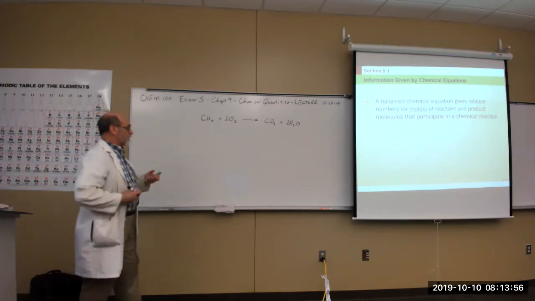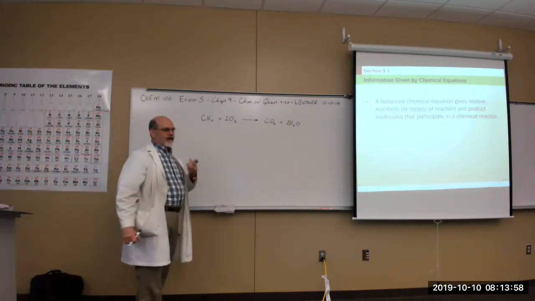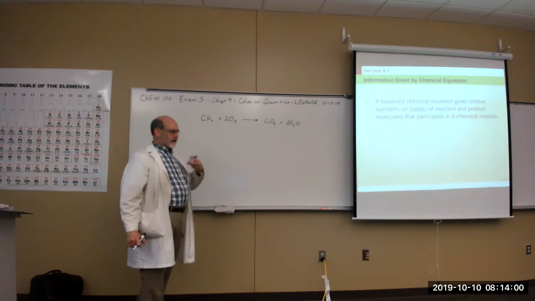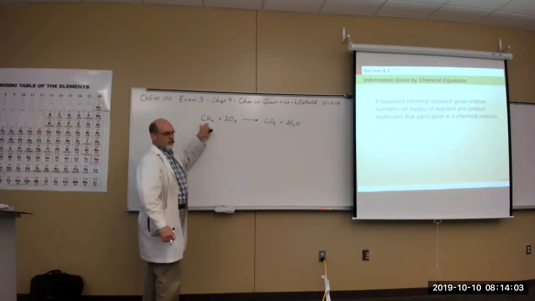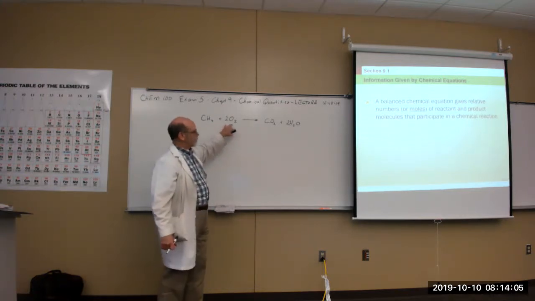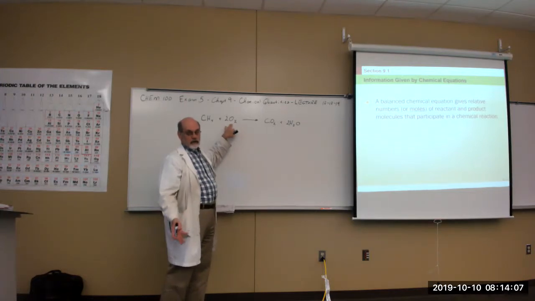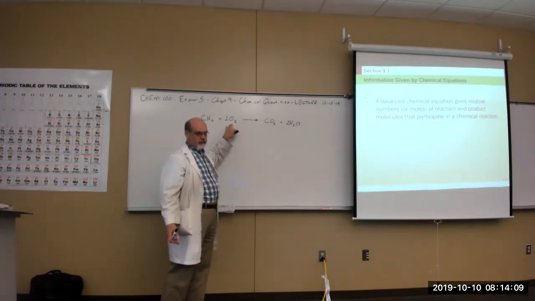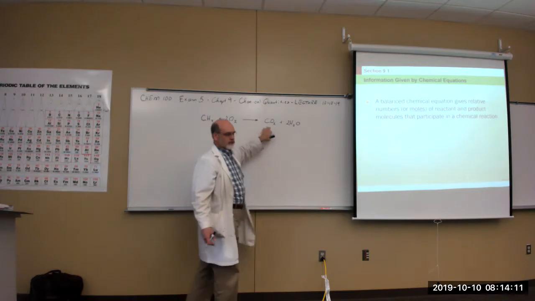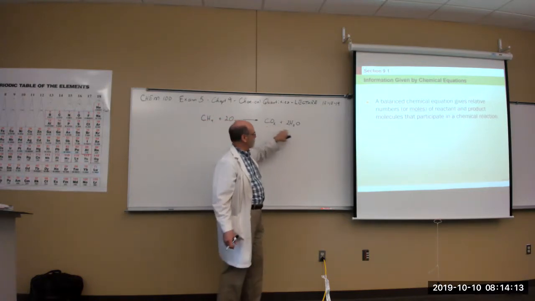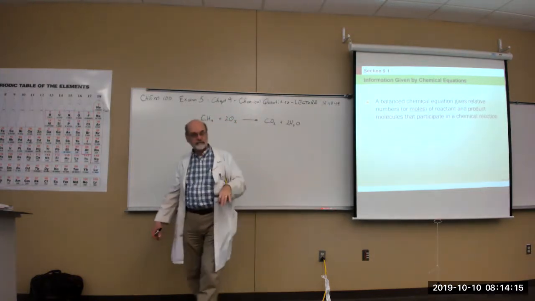So what that means is, on the microscopic level, 1 molecule of methane reacts with 2 molecules of oxygen because it's diatomic, and produces 1 molecule of carbon dioxide and 2 molecules of water.